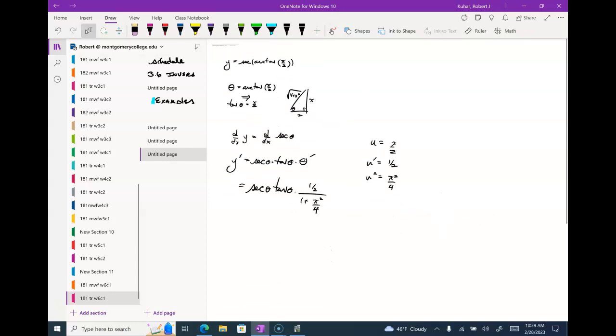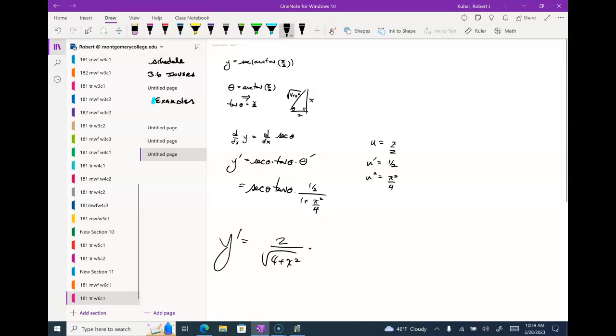I can get my secant and my tangent from the triangle. Who's got the secant for me? I need secant. Remember, I want my derivative in terms of x. That's where I started. That's where I would like to end. So what's secant by my triangle? Yeah, 2 over square root of 4 plus x squared.